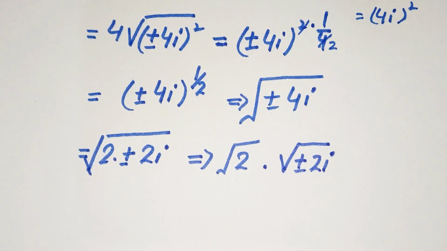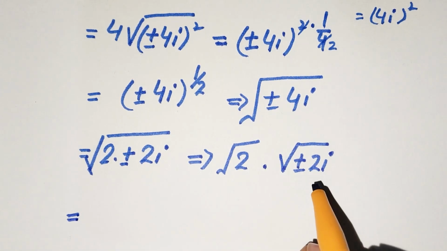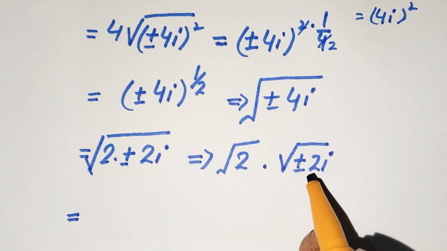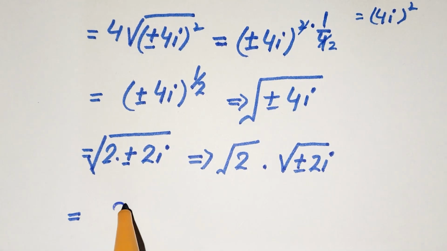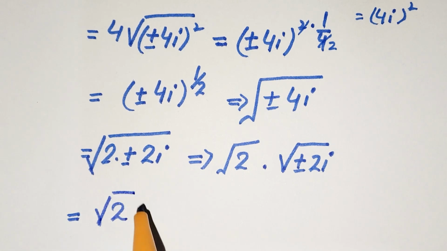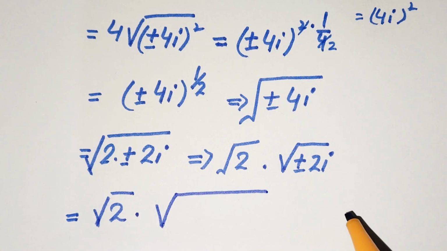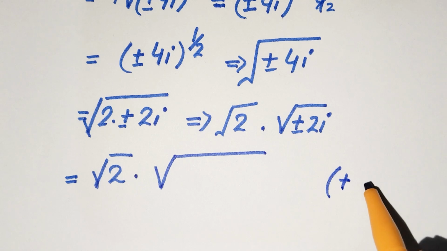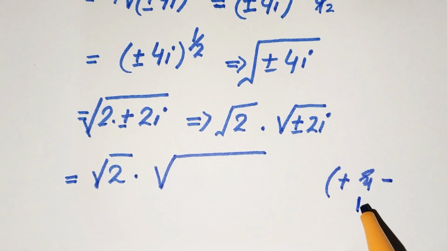So here, as we know, if we add or subtract 1, then we get the a plus b whole squared formula. So for this purpose we write the square root of 2 times the square root of, let us consider we add and subtract 1.